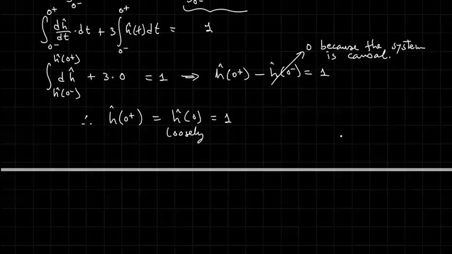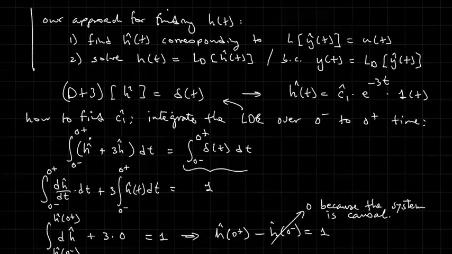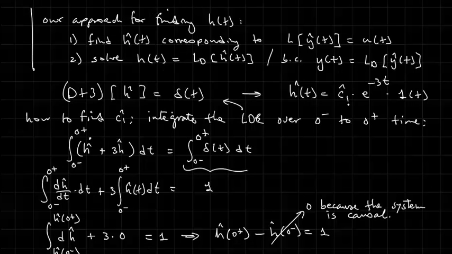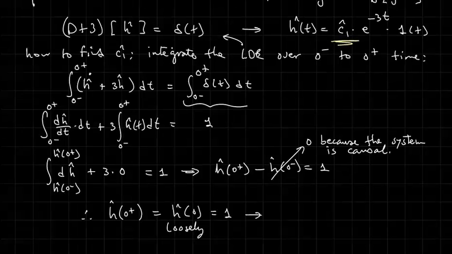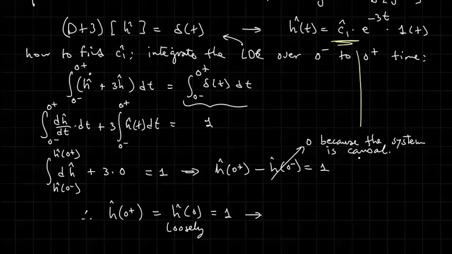Now we can use that to solve for c1 hat. So now we can write that h hat of t is equal to 1 e to the minus 3t times the unit step.